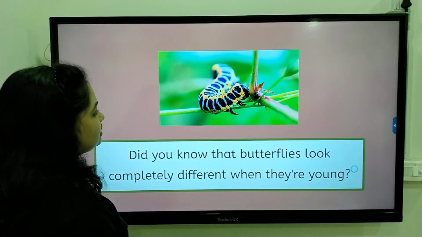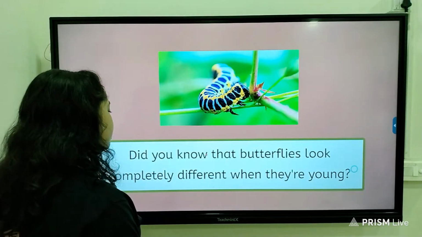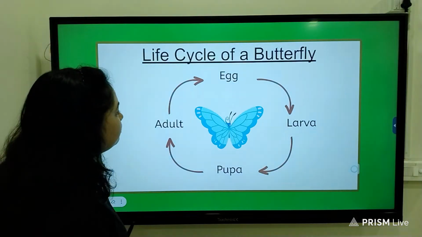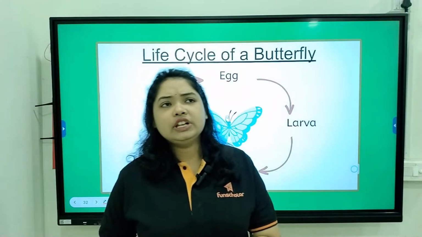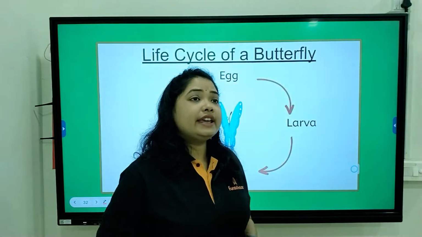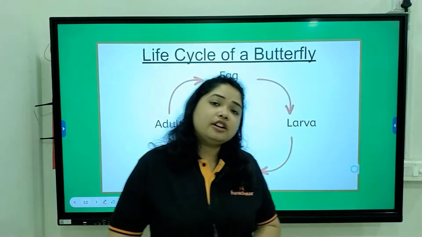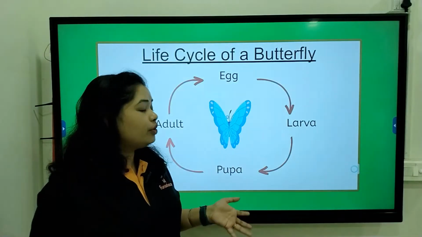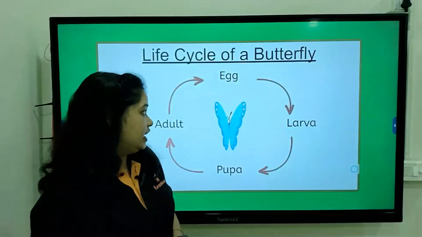Now let's try to understand the life cycle stages of a butterfly. Now in case of a butterfly, we know that the young stage is completely different from the adult stage. We cannot say from the young stage that this creature is going to turn into a beautiful looking butterfly someday.